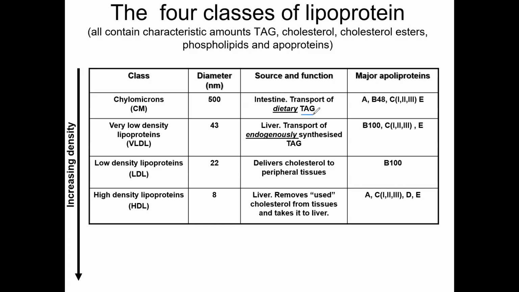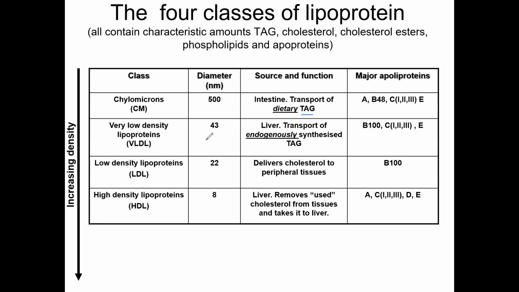When we take our diet, and if it is rich in triacylglycerol, these chylomicrons will transport it to the various tissues through the blood circulation. The major apoproteins found in the chylomicrons are apolipoprotein A, apolipoprotein B48, apolipoproteins C1, C2, and C3, and finally apolipoprotein E.